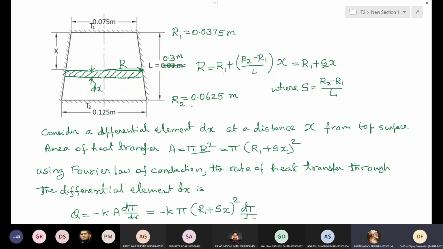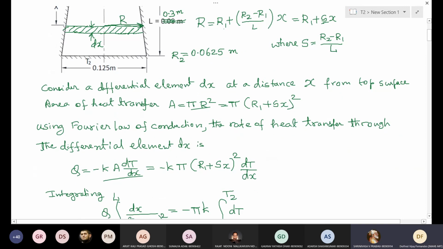Something I remember from first year. No, because it will again be the square of the side length, so the logarithmic term will not come. But if it is a tapered fin, that time it will come, because it is only one directional. Remember that the area has the square, so there is no logarithmic term. But if it is only a function of side length, not the square of the side length, then definitely you will get a logarithmic function.